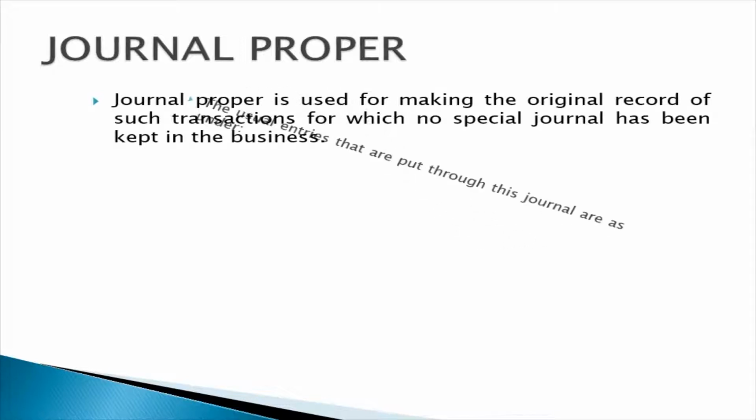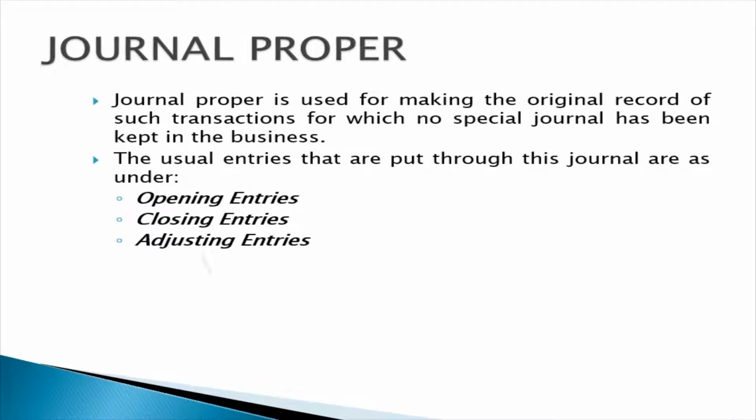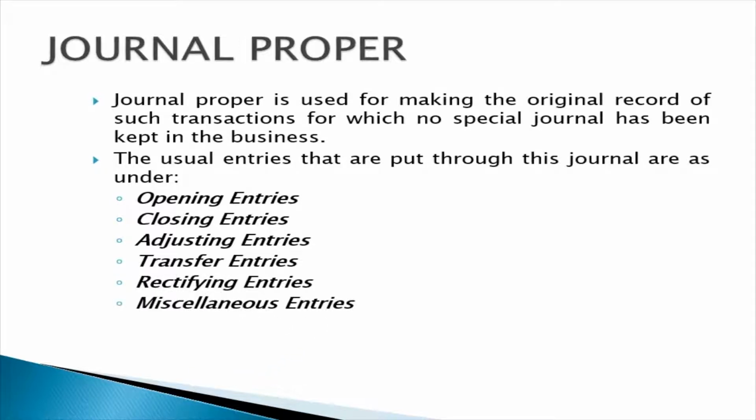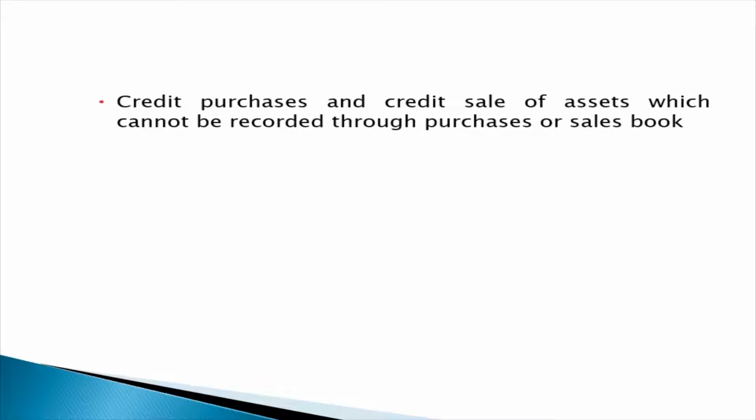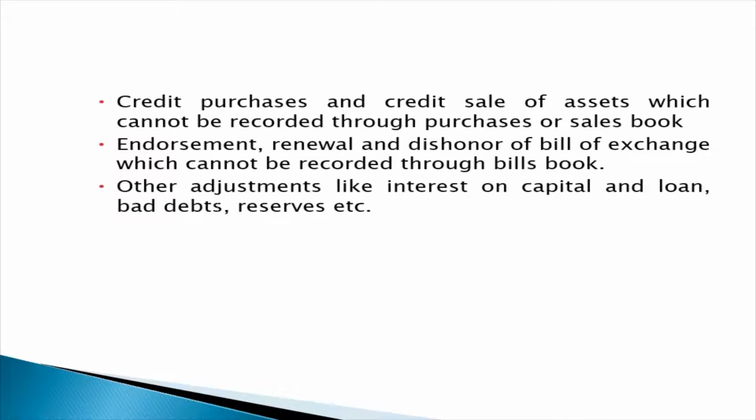The usual entries that are put through this journal are as under: opening entries, closing entries, adjusting entries, transfer entries, rectifying entries, miscellaneous entries, credit purchases and credit sales of asset which cannot be recorded through purchases or sales book, endorsement, renewal, dishonor of bill of exchange which cannot be recorded through bills book, and the last one is other adjustments like interest on capital and loan, bad debts, reserves, etc.